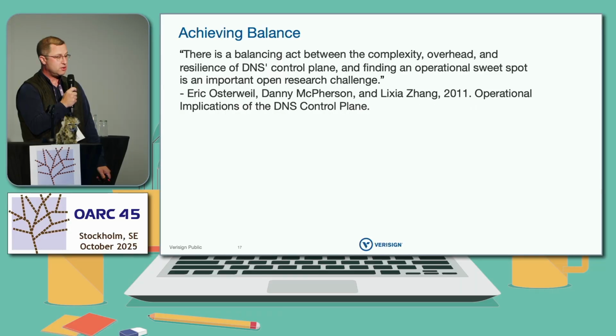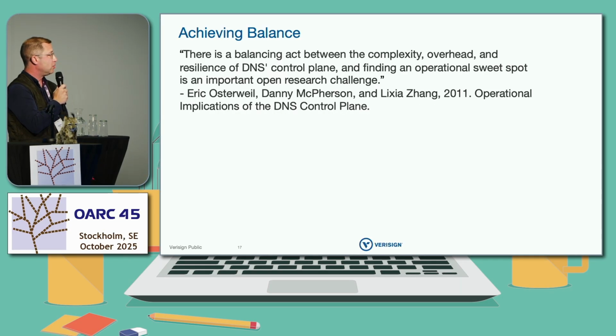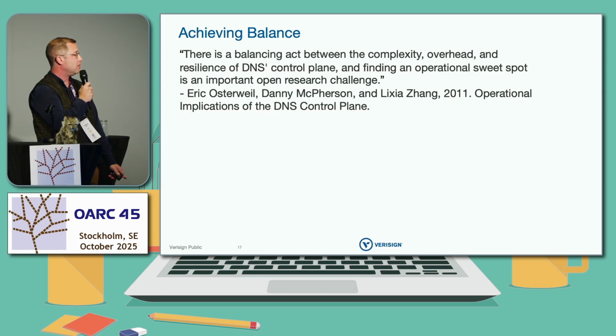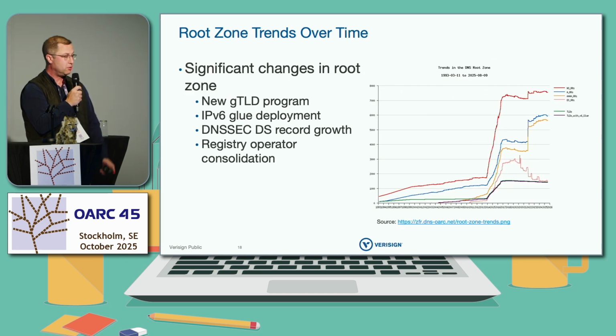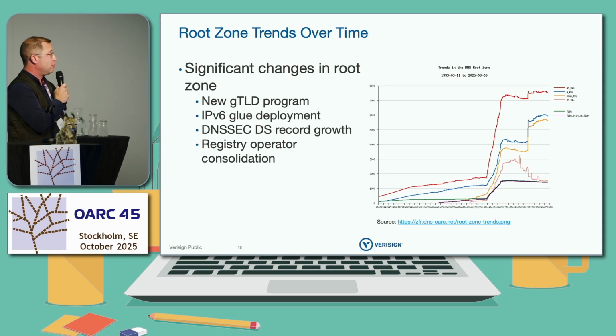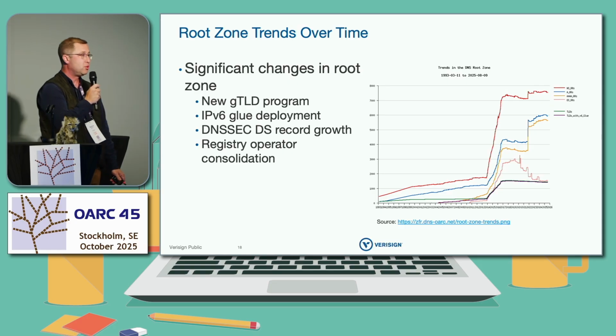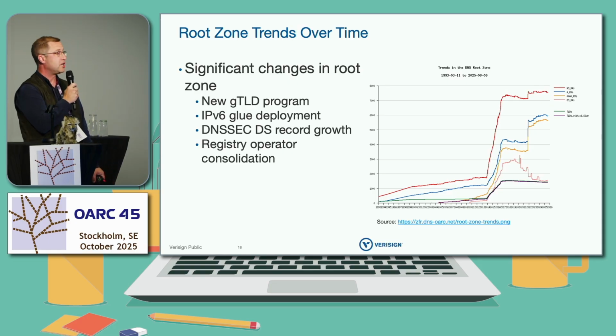What we're trying to do is understand, looking back at the original work, the complexity of this transitive trust property versus resiliency. There's no sweet spot, but we're trying to understand that by looking a little more. Specifically, we also want to look at this longitudinally because we all know the root zone is not a static place.